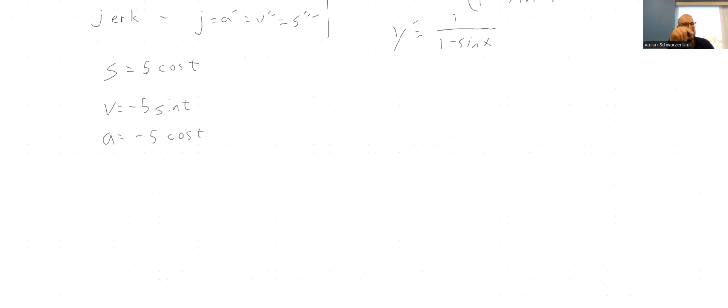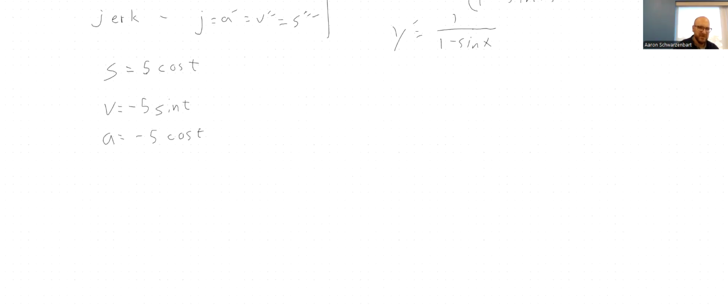Assuming that nothing affects its motion, it just keeps oscillating back and forth and never shrinks. Can you think of any other examples of simple harmonic motion? Pendulum. The pendulum, yeah, that's a good one. A spinning wheel is actually one too. Keeps coming back to the same position.